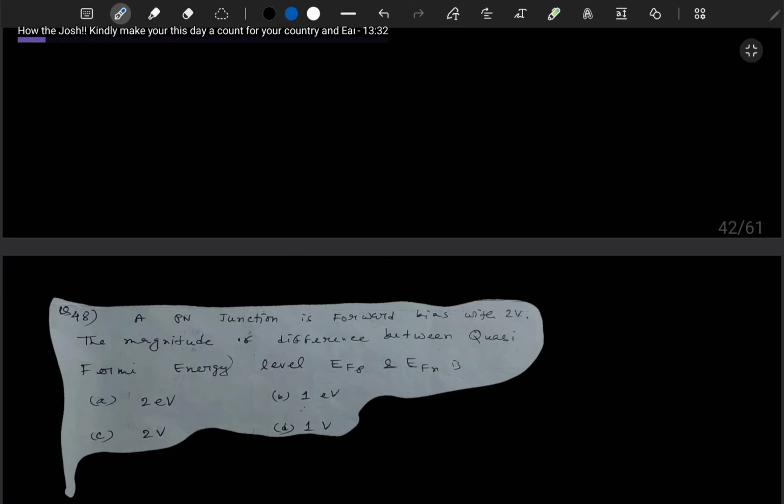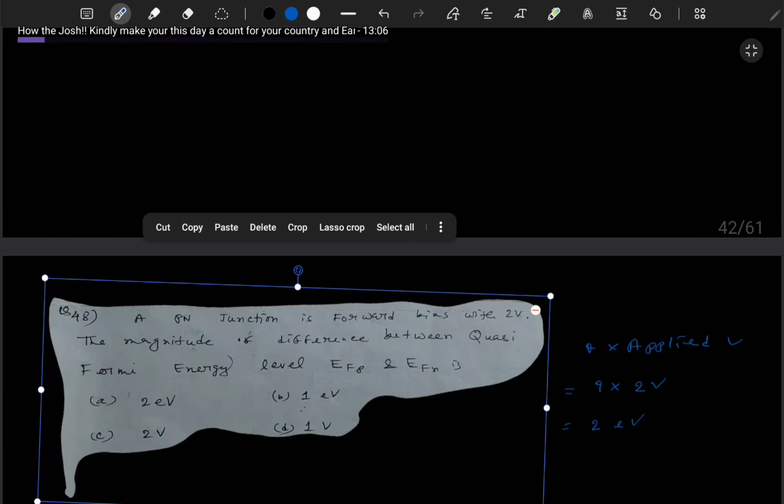Here the separation of quasi-Fermi levels formula is q times the applied voltage. So q is the electron charge, applied voltage is 2 volt. So 2 electron volt. Option A is the right answer.